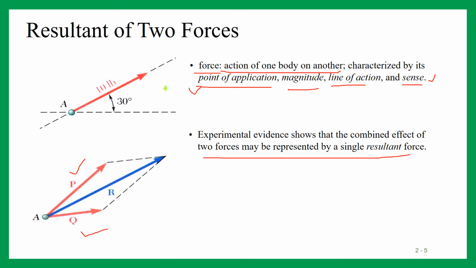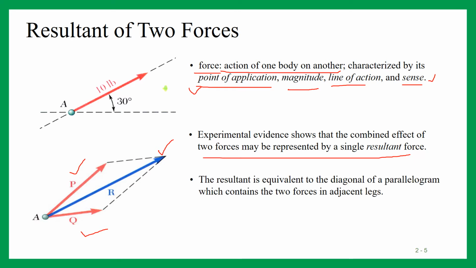From experiments also you can verify this, that if there is a body and multiple forces are acting on the body, and if you apply a resultant force which is equivalent to the resultant of all the forces, then the effect will remain the same. Okay, meaning the effect produced by P and Q is the same as the effect produced by R.